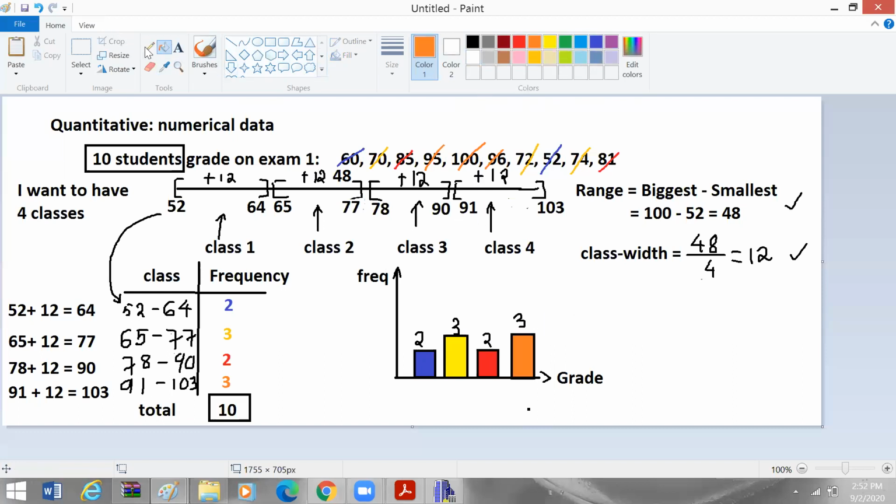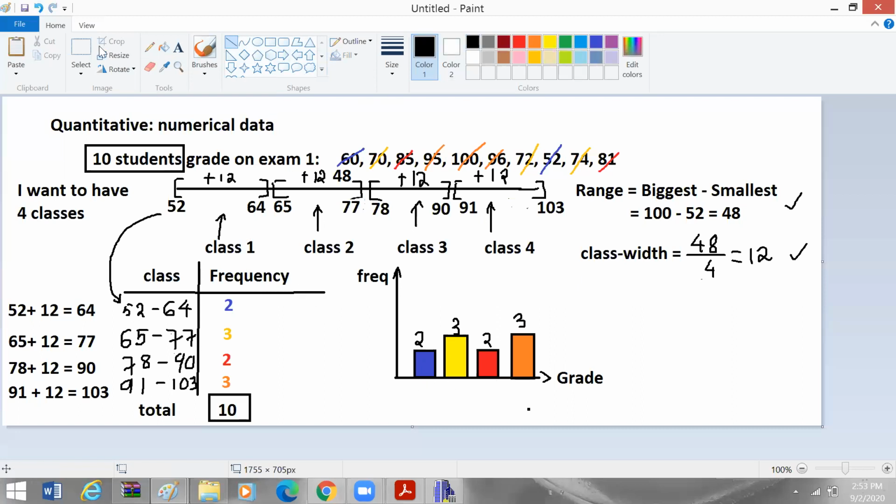So to be more specific, usually we have to put them down as 52 and 64, 65 and 77, 78 and 90, 91 and 103. But just in case you don't want to do it that way, because I got sick of those, I don't want to write too much, you can definitely do that.